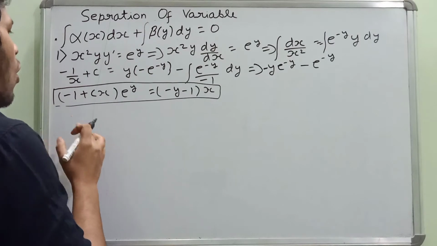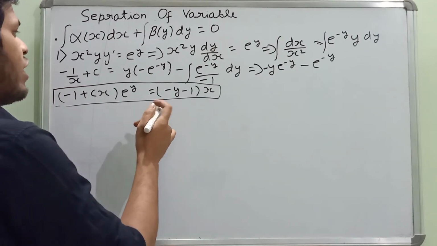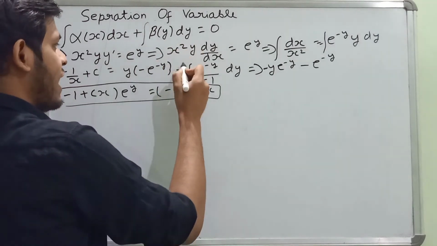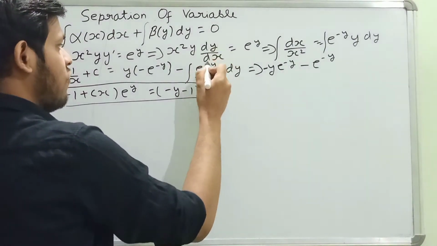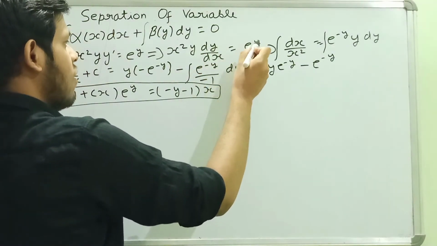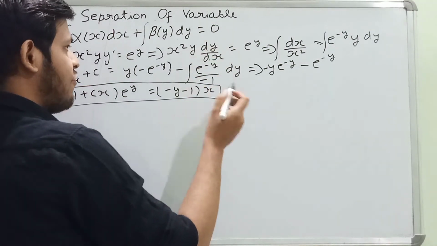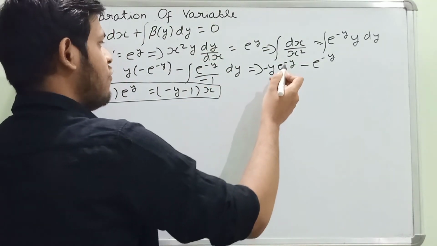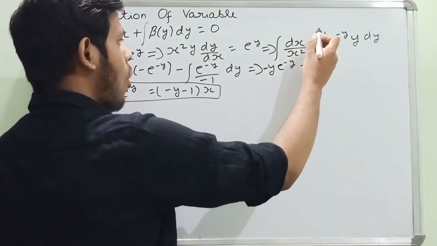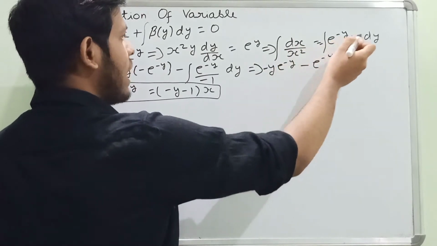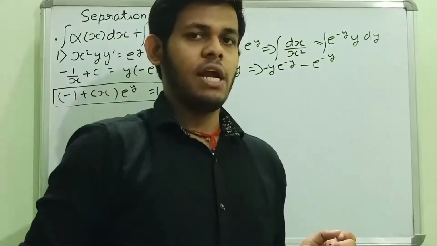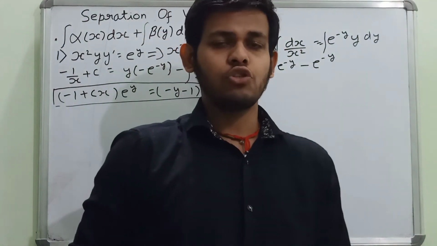All we did was separate all the x variable in product with dx and all the y variable in product with dy, and after doing that we just integrated all the terms with respect to x and with respect to y, and after integrating we get our solution, right?